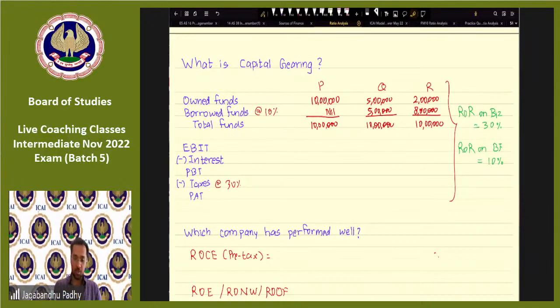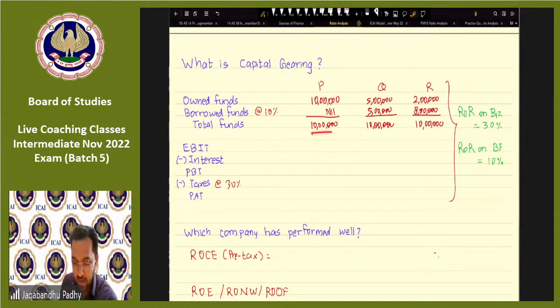So for P, Q, and R, are they going to have the same level of EBIT or different? Of course, the same level of EBIT, because what you have invested in the business remains the same irrespective of where you got the funds.